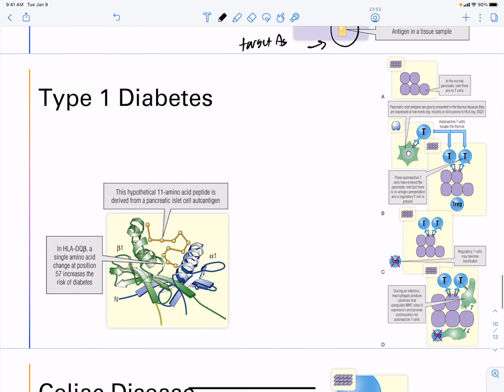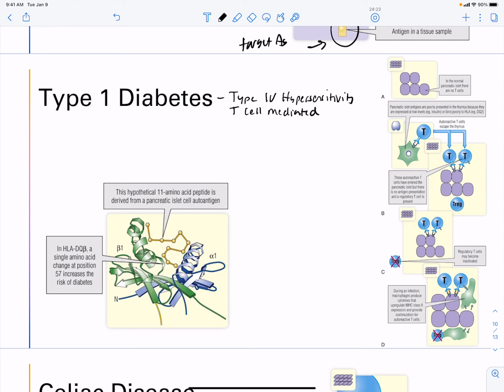Okay, so let's talk a little bit about type 1 diabetes. Type 1 diabetes is actually a type 4 hypersensitivity, and so this is going to be mediated by T cells. They basically destroy the beta cells in your pancreas.